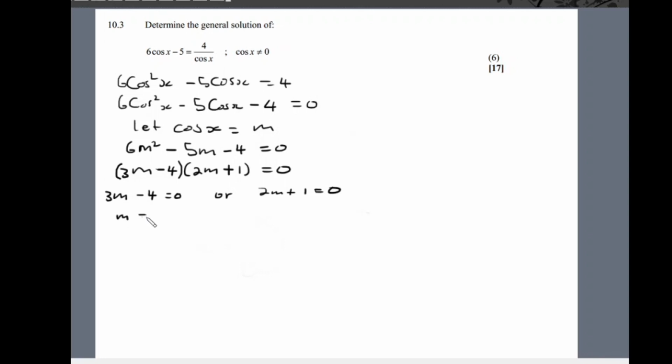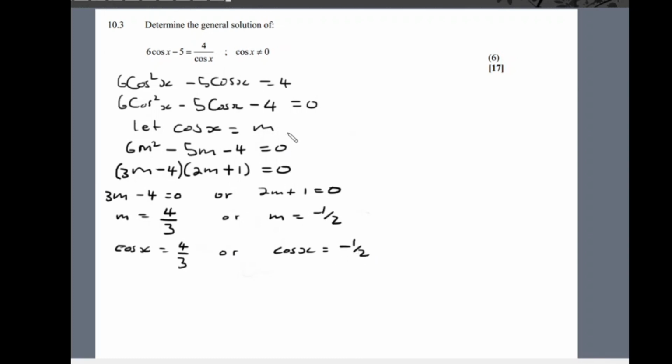Which means m will be equals to 4 over 3, or m will be equals to minus 1 over 2, right? But then we are actually solving for cos x there, right? So cos x will be equals to 4 over 3, or cos x will be equals to minus 1 over 2, right?